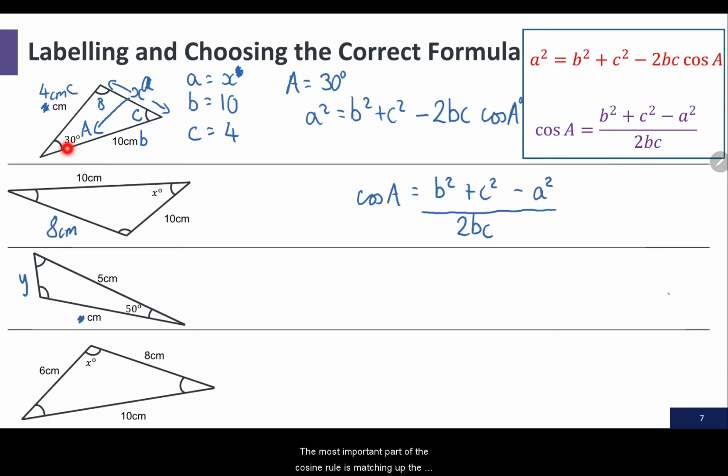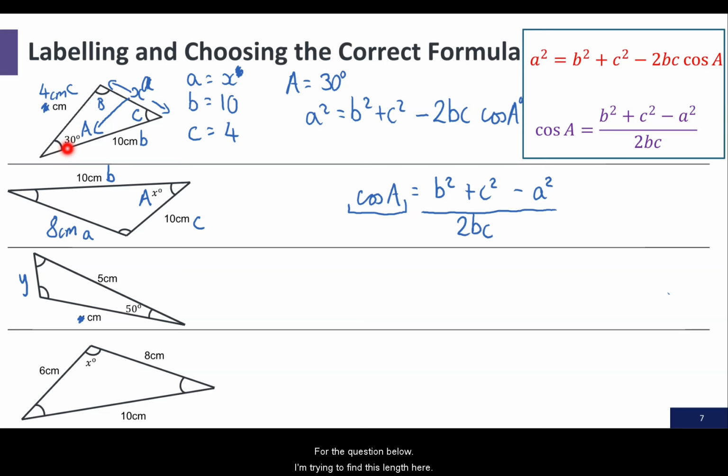The most important part of the cosine rule is matching up the a's, like on the question above. We are trying to find this angle here, which is capital A, because it says cos A equals, which means this side here is small a, this side here would be small b, and this side here would be small c. It doesn't matter if you get b and c the other way around, a is critical.